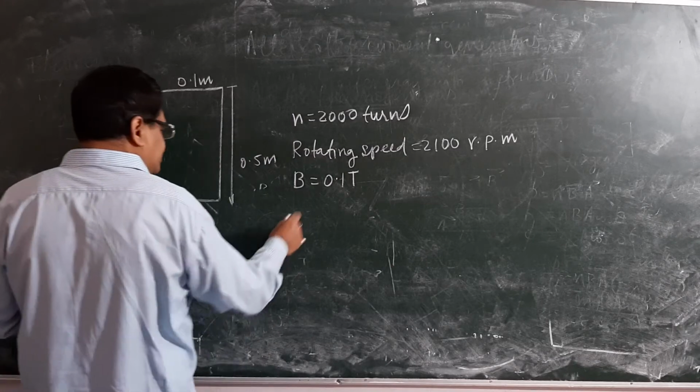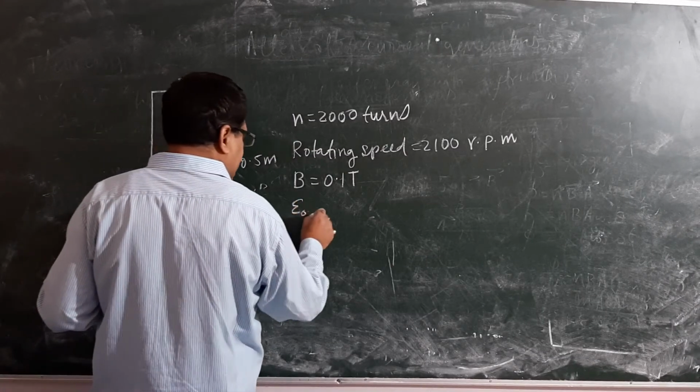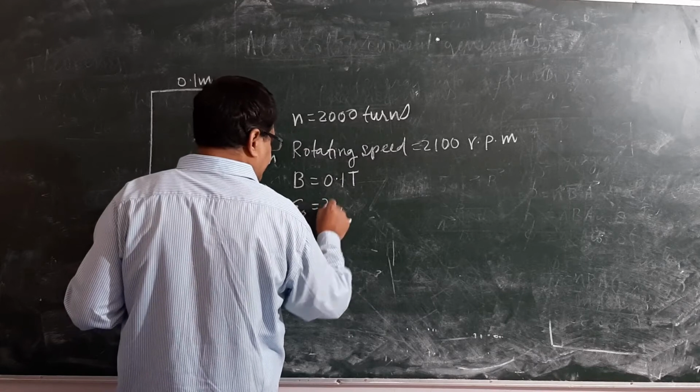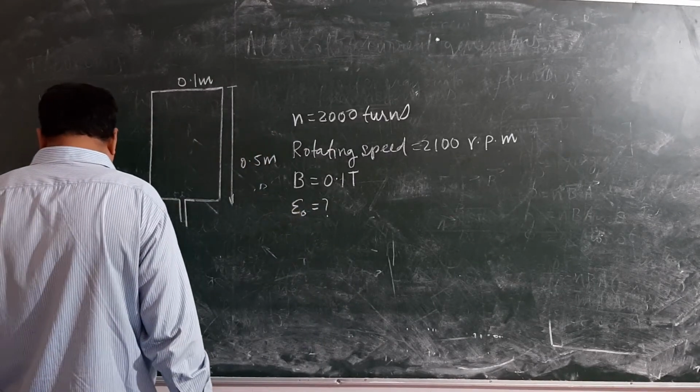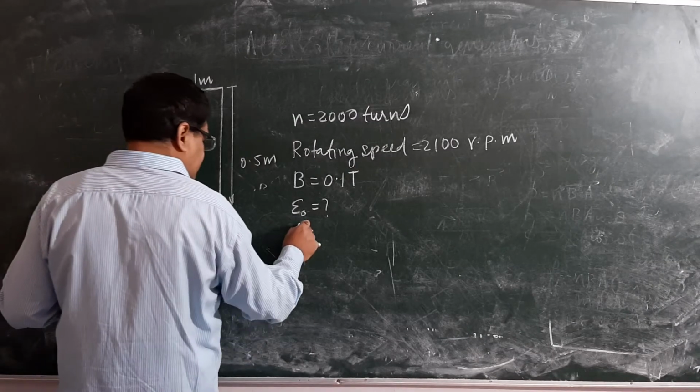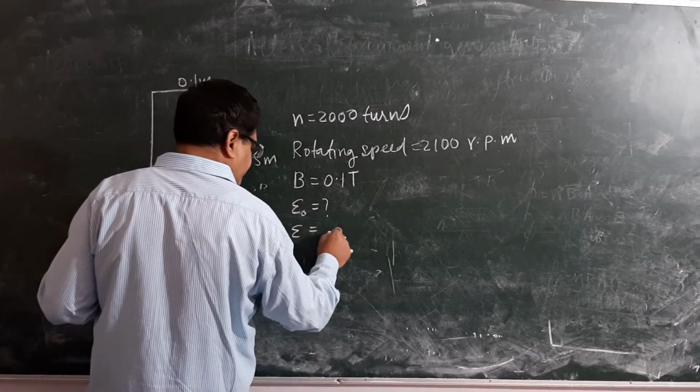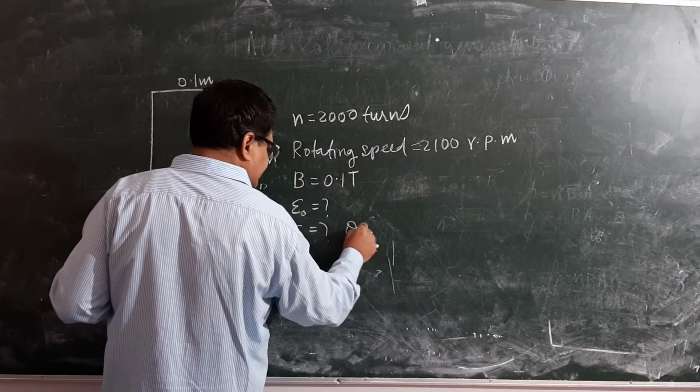So what is the maximum EMF of the generator? Also you have to find out what is the E when theta is equal to 30 degrees.